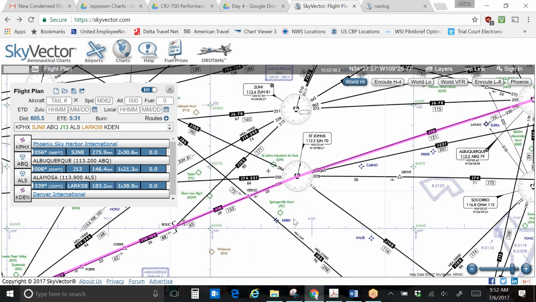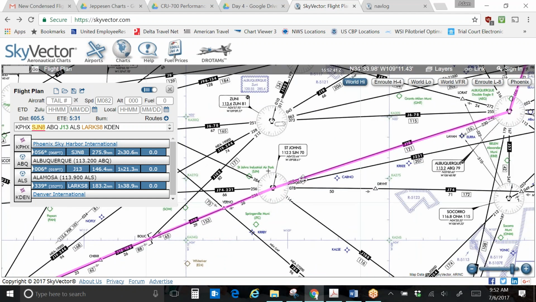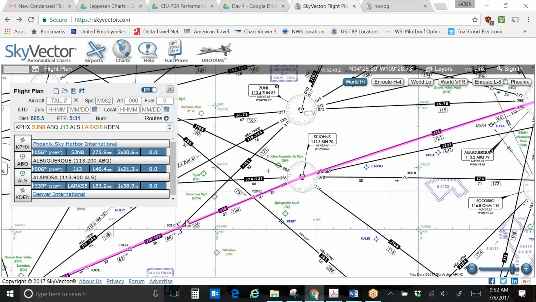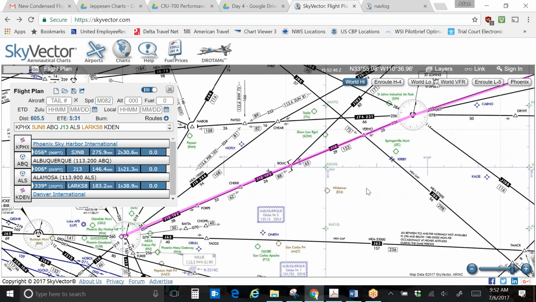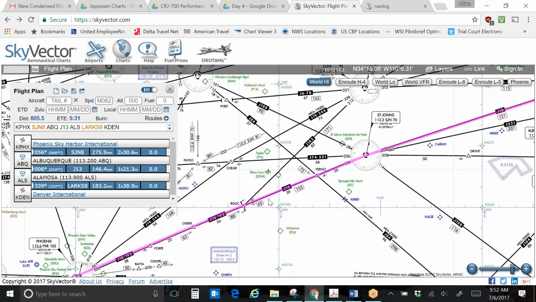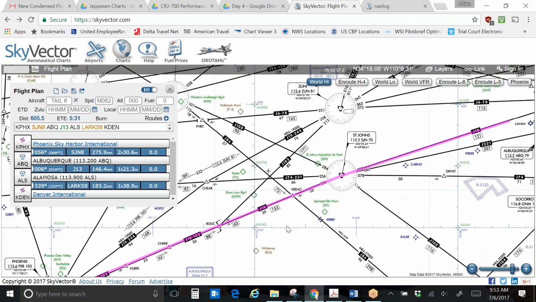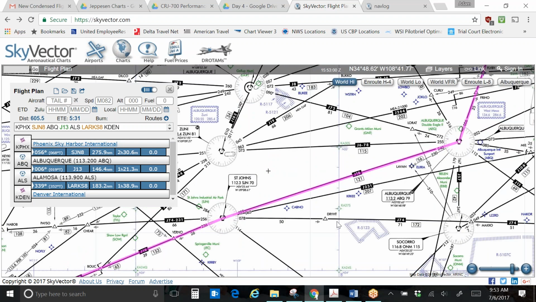You can see once we leave the St. John's VOR, it says we're on 059. When we leave this one, we're on 054. Now remember, our top of climb is somewhere in this area. So we're basically still 054 from this spot to here, and then 059 from St. John's to Albuquerque.